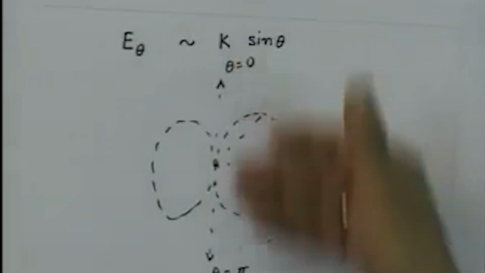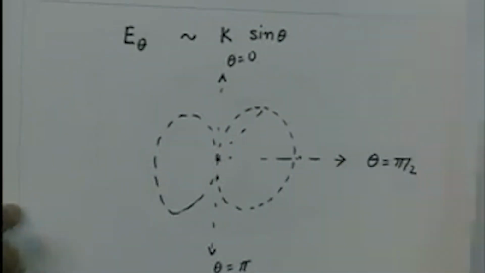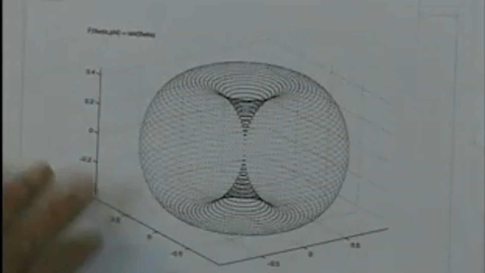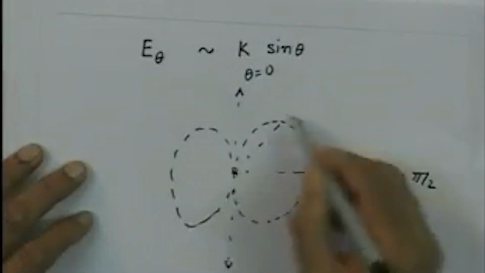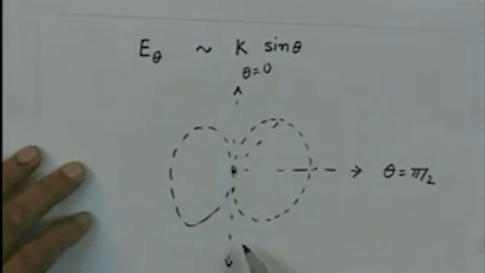In this case the plane of the paper is nothing but the theta plane. So if I take this apple and cut it vertically, I will get a pattern which will look like that. This is the variation of the electric field in the theta plane.